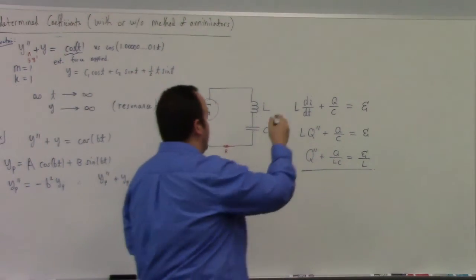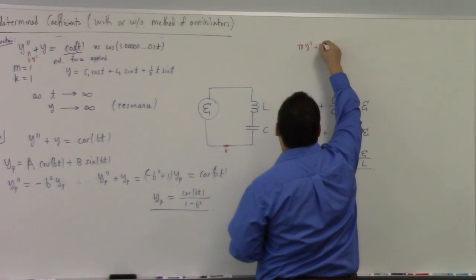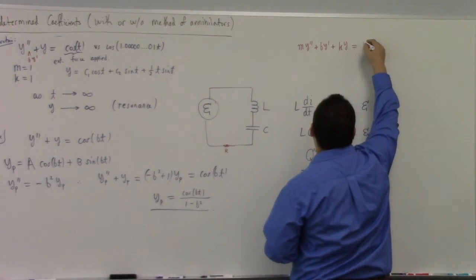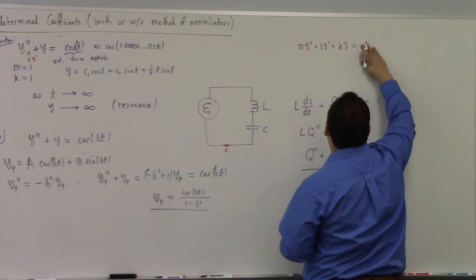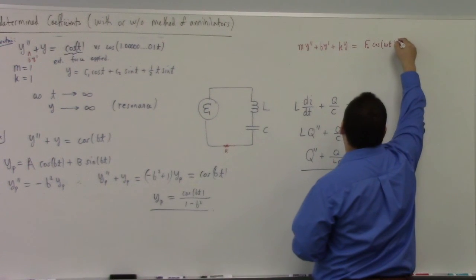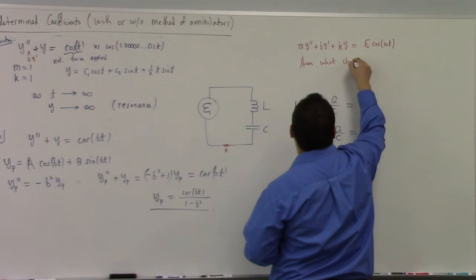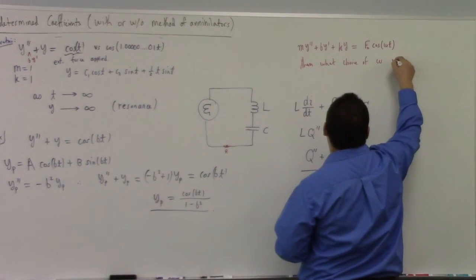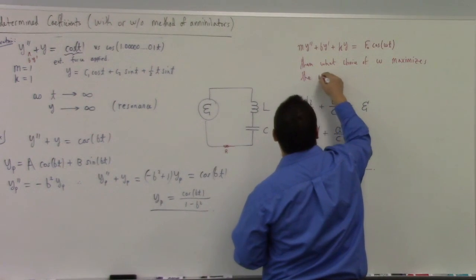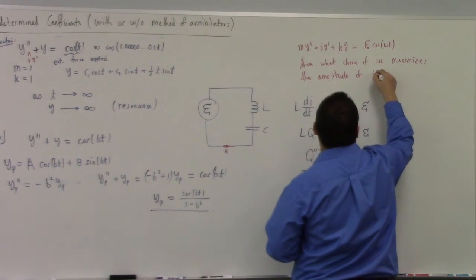There's a much more complicated question that we can ask, which is if you have my'' + by' + ky equal to, for example, f naught cosine omega t, then what choice of omega maximizes the amplitude of the particular solution?